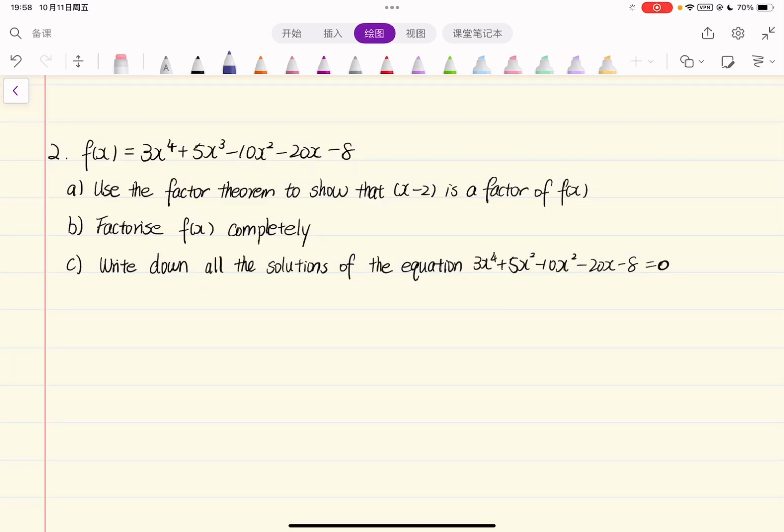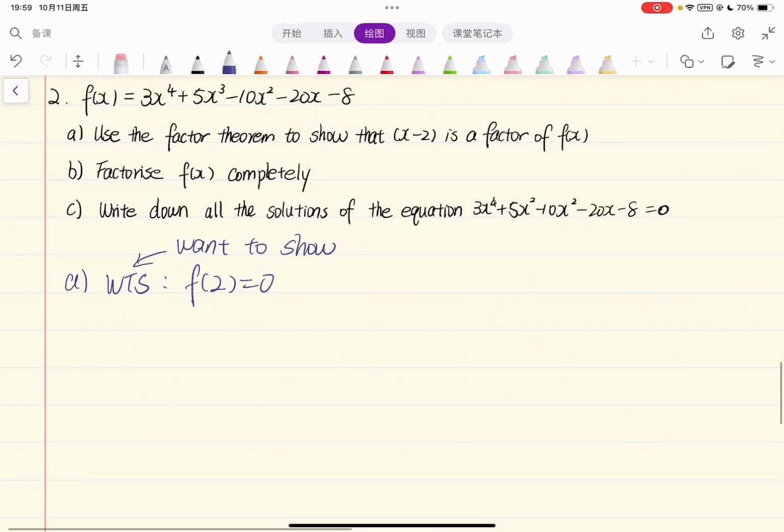Now let us see question 2. Part A asks you to use the factor theorem to show that x minus 2 is a factor of f(x), where f(x) equals 3x to the power 4 plus 5x cubed minus 10x squared minus 20x minus 8. According to the factor theorem, we want to show that f(2) equals 0.